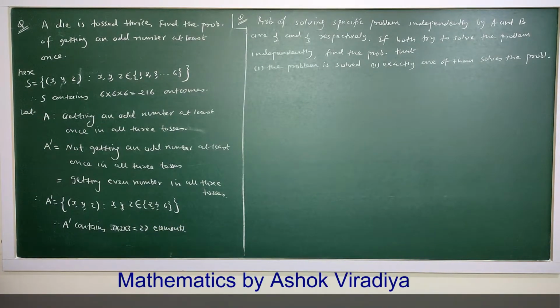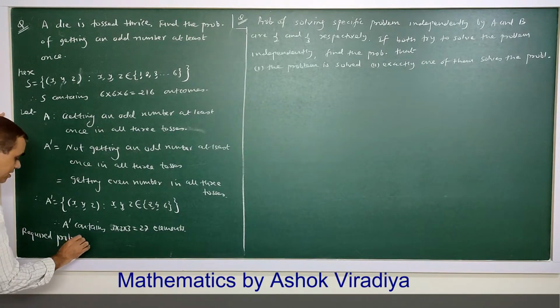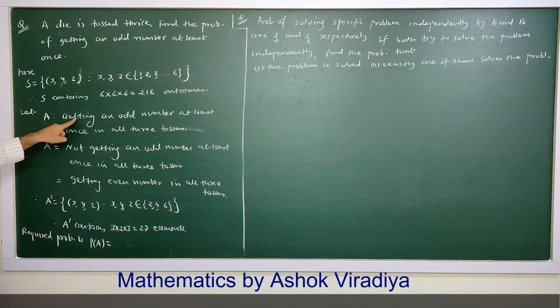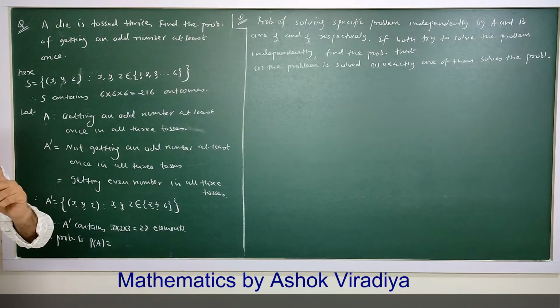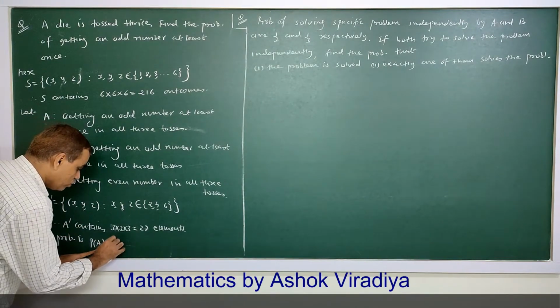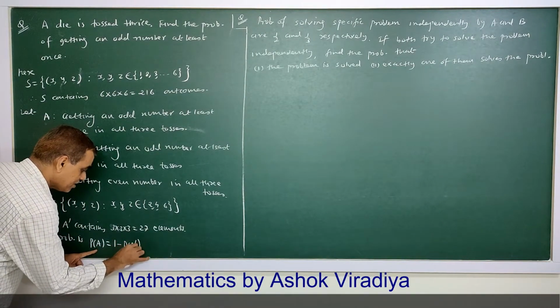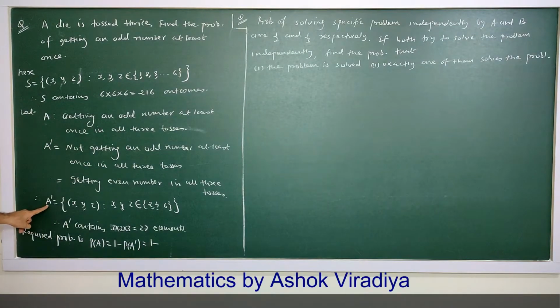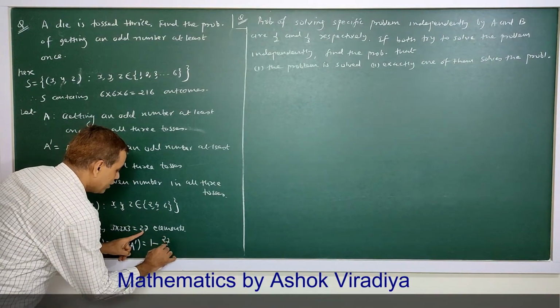Now what do we want? We want the probability of A, the probability of getting an odd number at least once. So P of A is equal to 1 minus P of A dash. That is 1 minus, and the probability of A dash is 27 by 216.